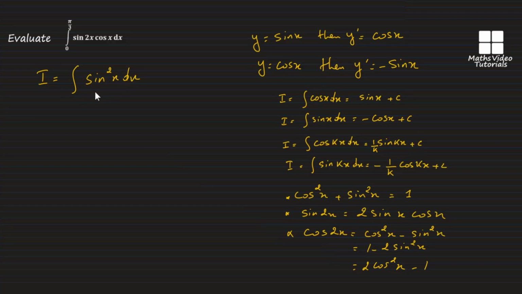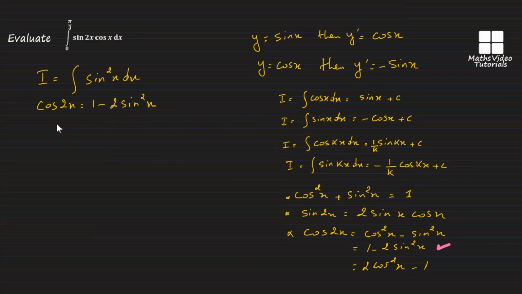How do I integrate this one? Obviously, we're going to use this one here. Let me just tick it. I need to make sine squared the subject. So let's write it down. We have the identity cos 2x equals 1 minus 2 sine squared x.